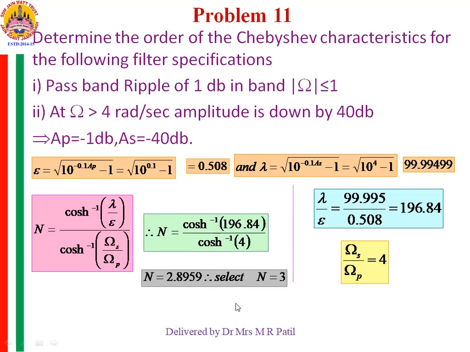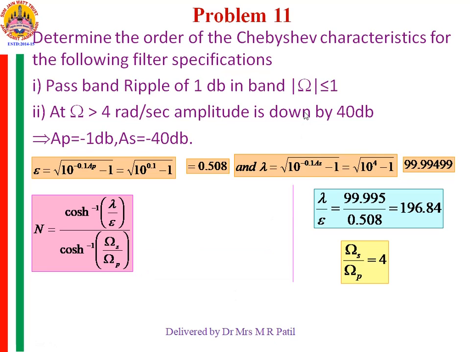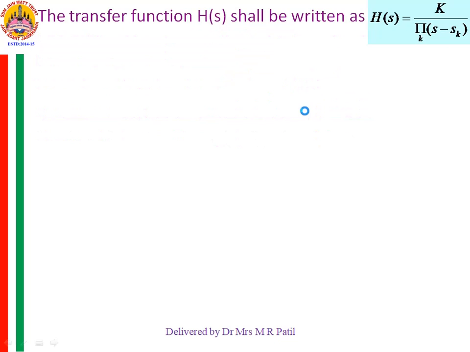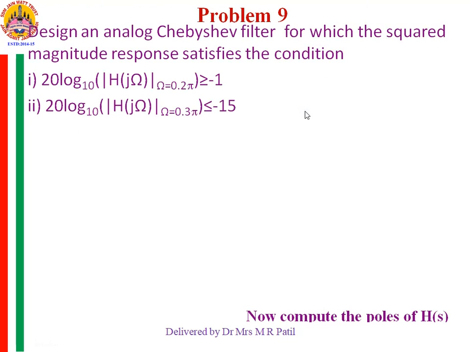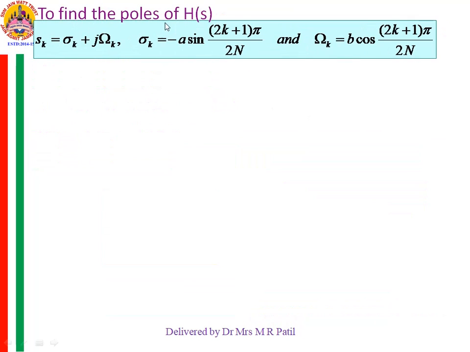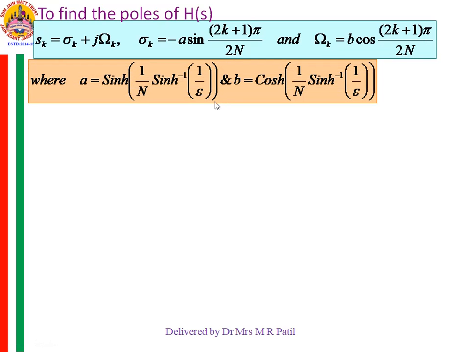It is sigma_k plus j omega_k, where sigma_k is minus a sine of (2k plus 1) pi by 2n, as we obtained in the previous class, and omega_k is b cos of (2k plus 1) pi by 2n, where a and b you have to calculate.